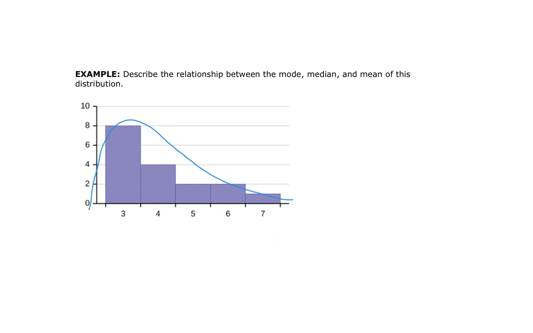Now, when the tail is pointing to the right, that means the mean is the largest. And in fact, if you were to take this histogram and figure out what the mean is, like we did in the previous video, we can calculate the mean, and we'd find the mean to be 4.06. You can see the mode, just by looking at the histogram, is 3.